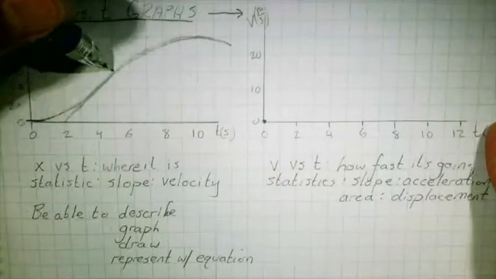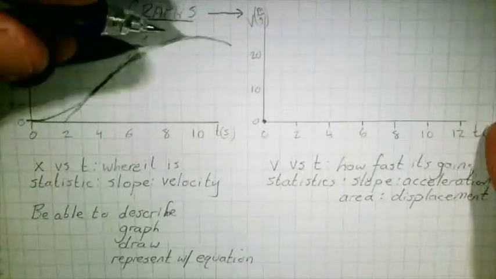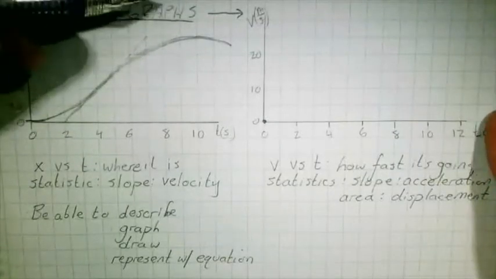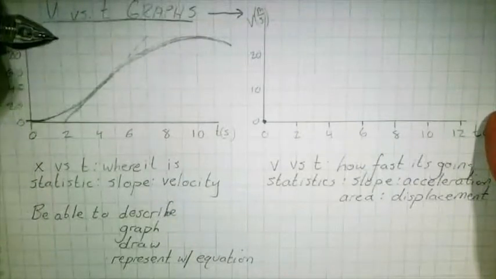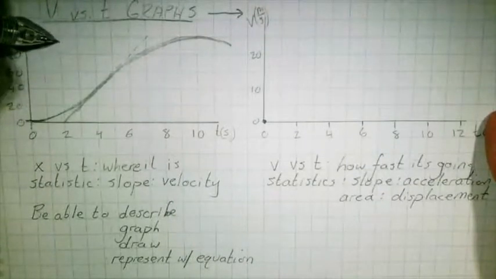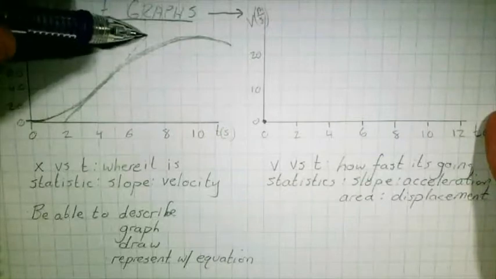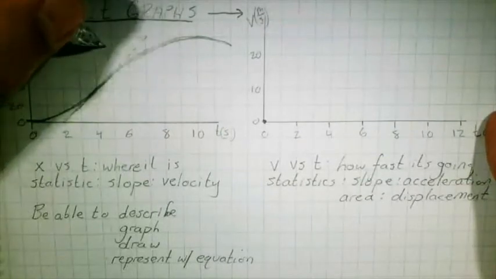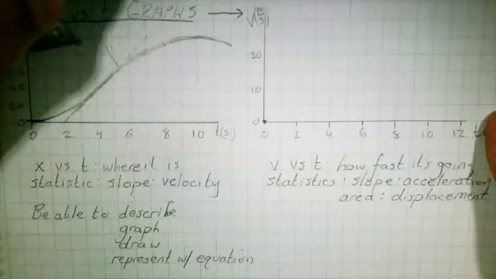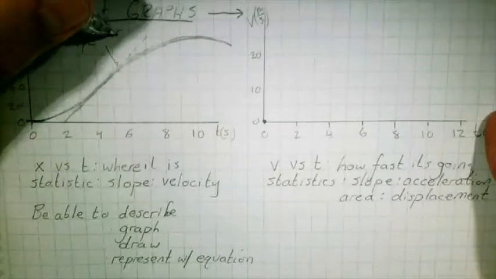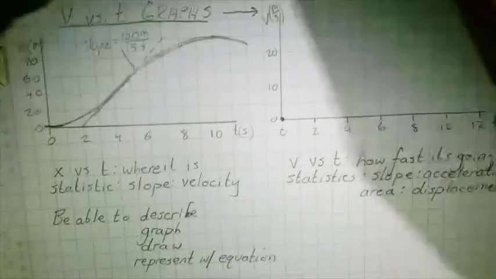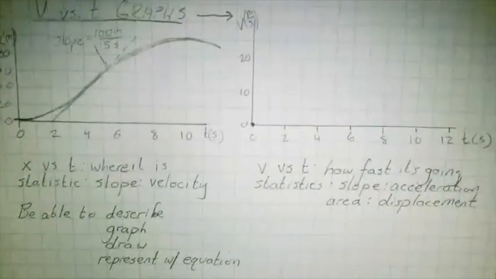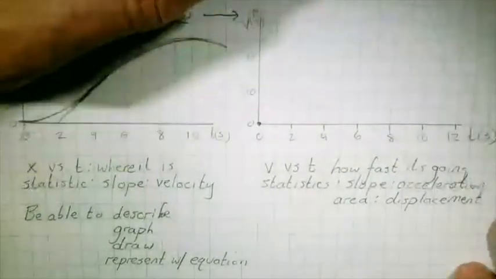The slope of that goes up 100 meters and goes over 5 seconds. So there, slope is 100 meters per 5 seconds. So that's a velocity of 20.